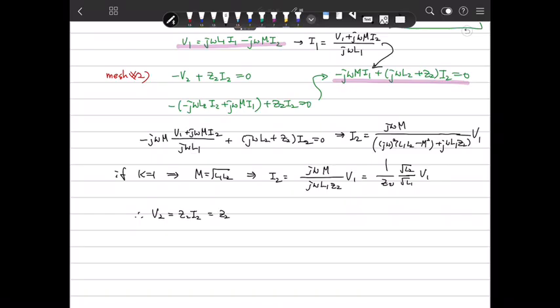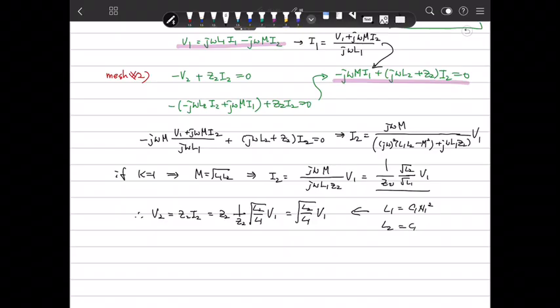That will be G2, this is I2, so V2 will be the square root of L2 over L1 times V1. And here you remember that L1 was C1 N1 squared, L2 is C2 N2 squared.